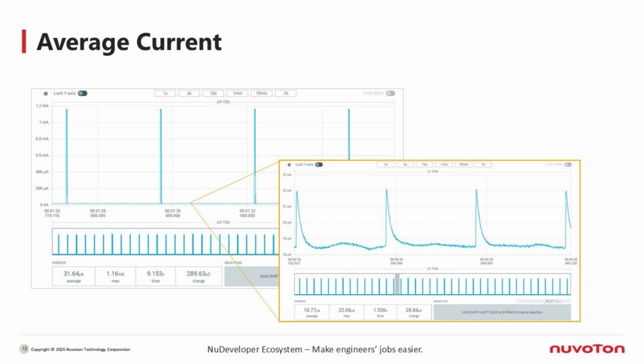By looking at the current waveform in relation to the program's behavior, we can see that the peaks indicate when the CPU is awakened. At these moments, it reads the temperature sensor data and then returns to sleep mode.